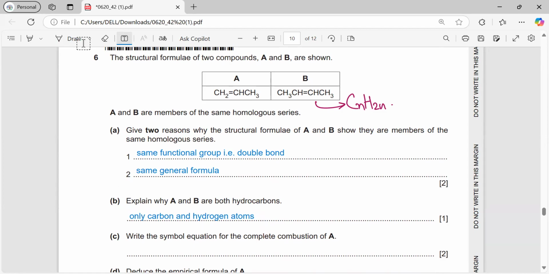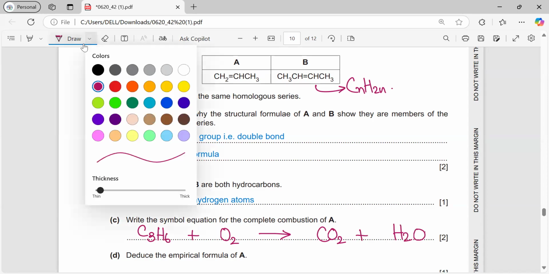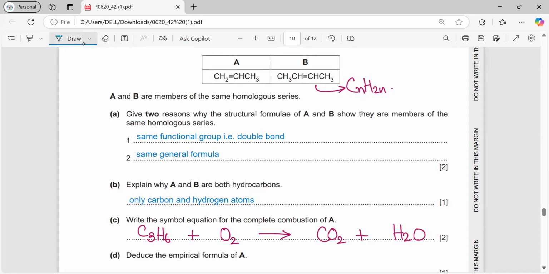Write the symbol equation for the complete combustion of A. Now for the complete combustion of A, it is C3H6 plus O2 gives CO2 plus H2O. This is the complete combustion, and now we'll balance it.